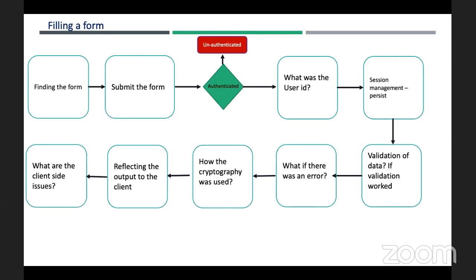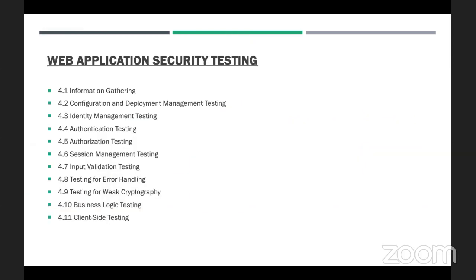So if you've seen the whole life cycle, it talks about the journey from finding the form till the client has all the details filled in, and whether there are issues. So the guide touches upon every area. What are the details that it has?